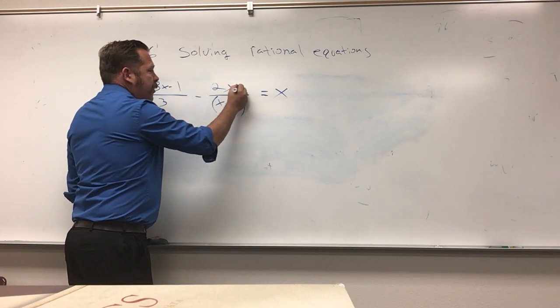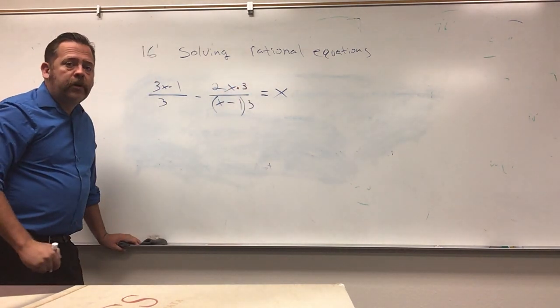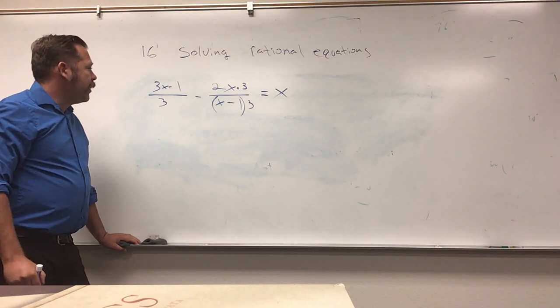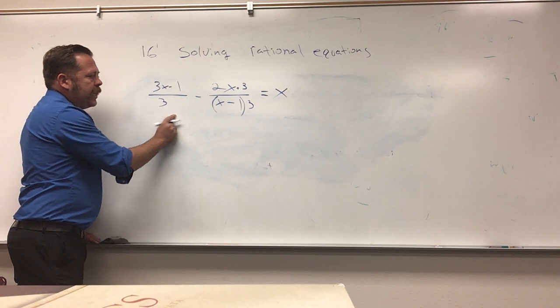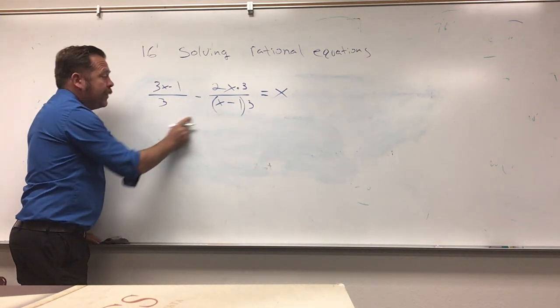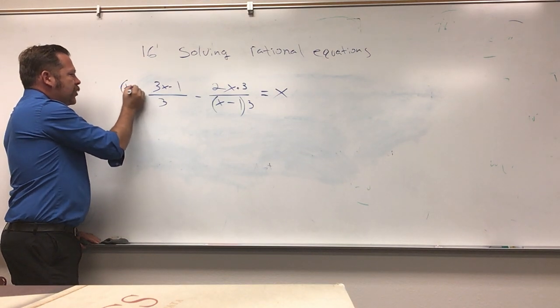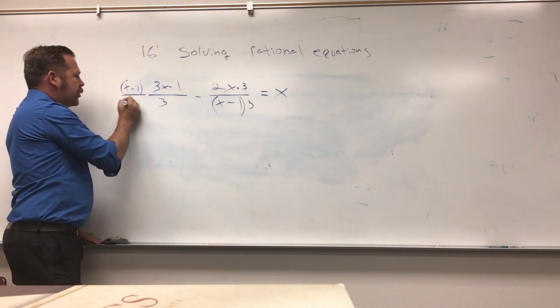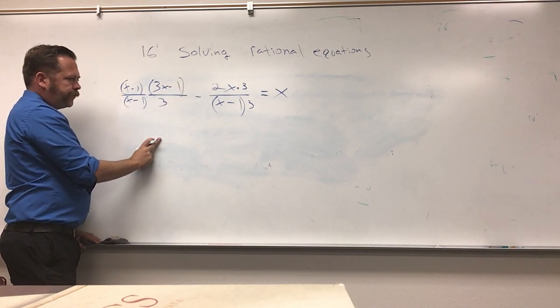So we're going to multiply by 3 over 3, which we're allowed to do because that's equal to 1, and we didn't change the value of anything. Now we're going to look at this one here. What does this one need that this one has? Looks like it needs an x minus 1. So we're going to multiply by (x minus 1) over (x minus 1). Again, we're allowed to do that because we're multiplying by 1.